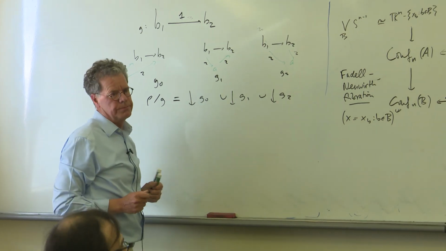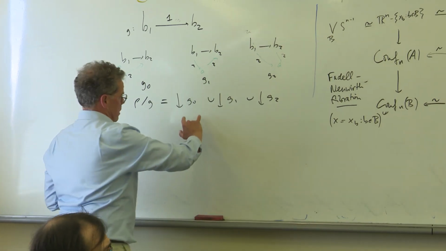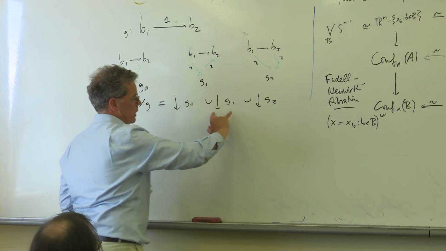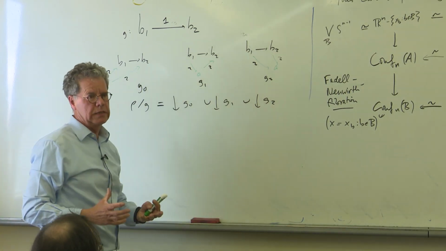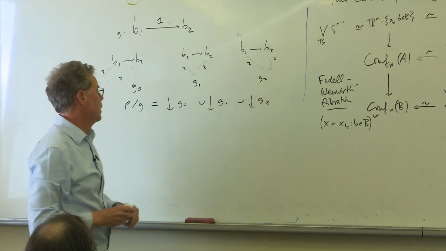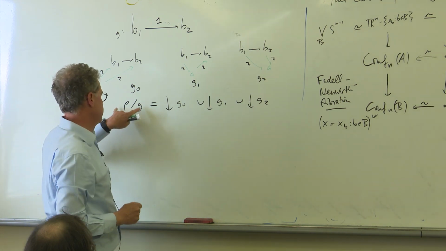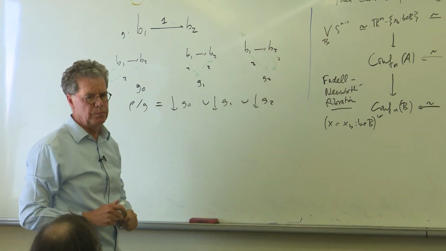It's very simple. Now, these are posets with a maximal element, so they're contractible pieces. So I know that rho over G, the realization, is a union of 3 contractible pieces.